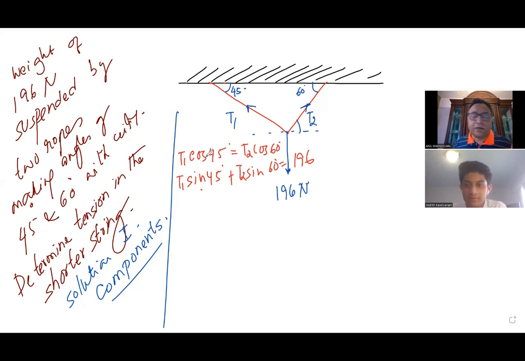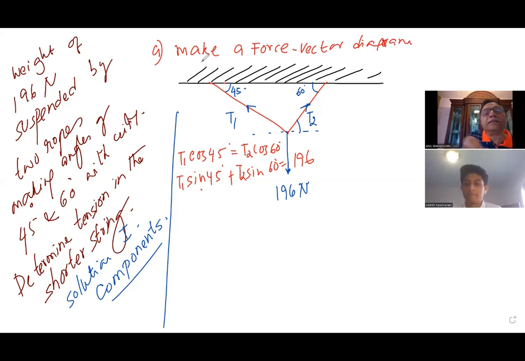Yes, sir. Brilliant. But now my question is, part 1: make a vector diagram and then solve for T2. We use the term force diagram, but it's basically a vector diagram.